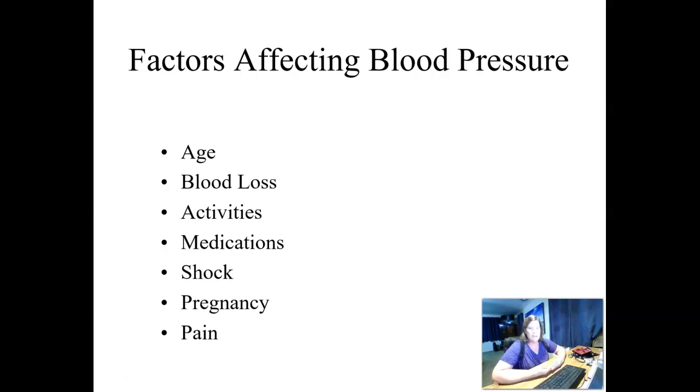Activities can actually increase a person's blood pressure while they're doing the activities. Medications. Now, a lot of medications will lower blood pressure. We have a lot of medications on the market for high blood pressure, for heart disease issues, that can slow heart rates down and bring blood pressures down. But there are some medications that can actually raise it.